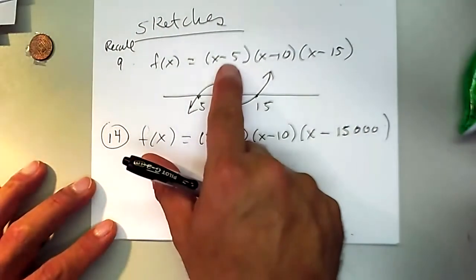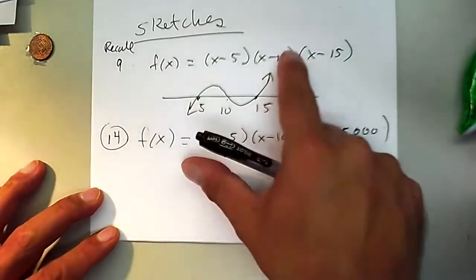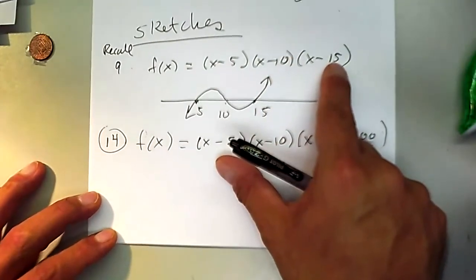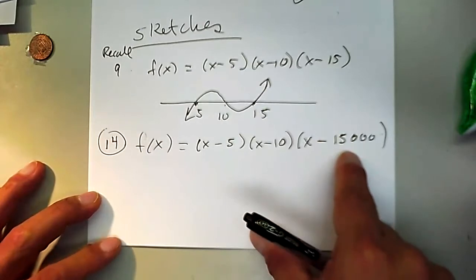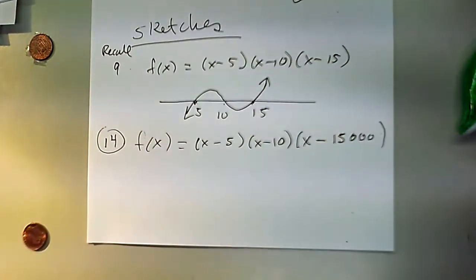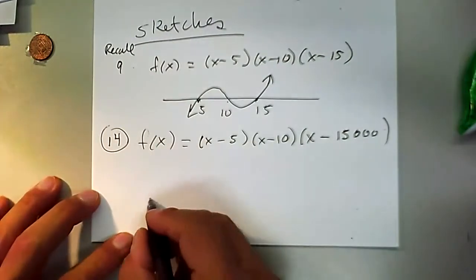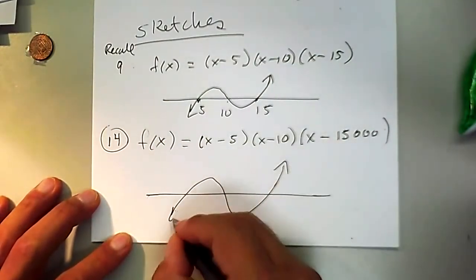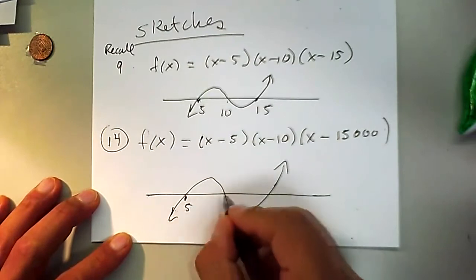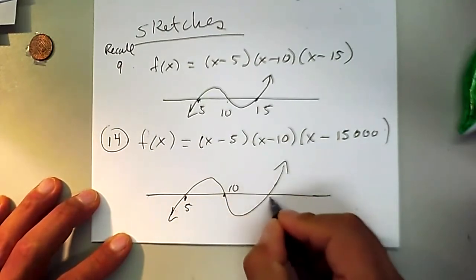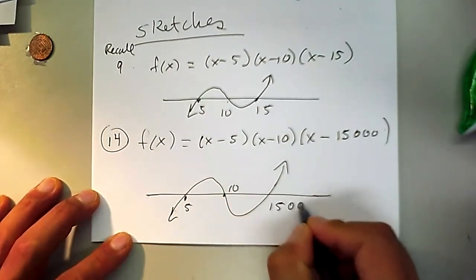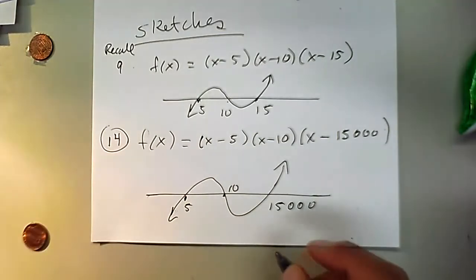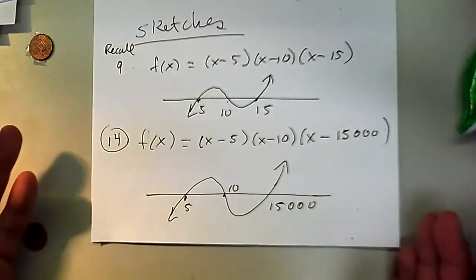So same kind of zeros, 5, 10, but instead of 15, I'm putting down 15,000. The sketch we're going to draw for that is going to be the same sketch. 5, 10, 15,000. Now, you're going to say, wait a minute, that doesn't make sense.